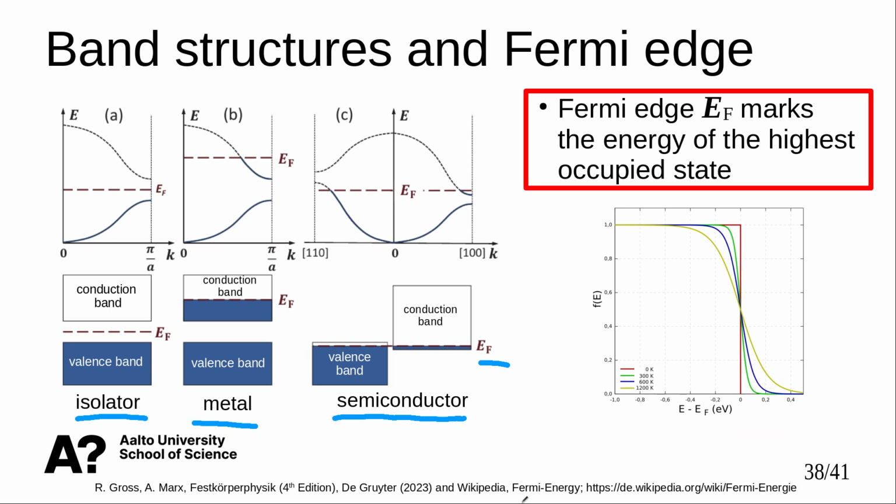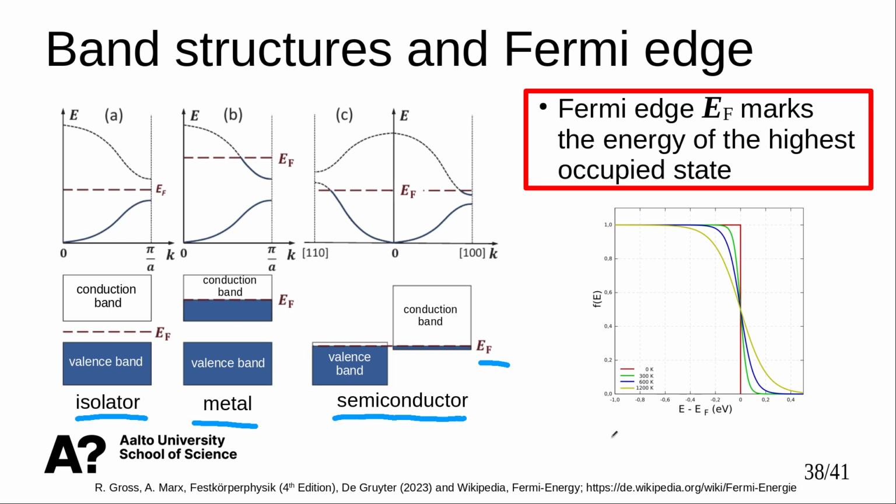However, in the moment where we apply temperature, and DFT is a 0 Kelvin method, so we have to think about how to deal with the real nature of a material system, it is more like we apply a slight smearing of the Fermi edge, and that's usually a parameter we also add to our DFT calculation, and you might need to check those because your smearing parameter is either too tight or too loose.